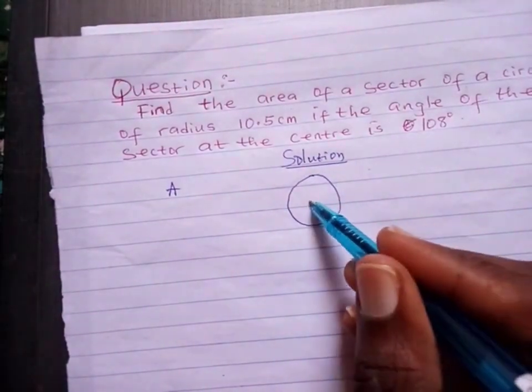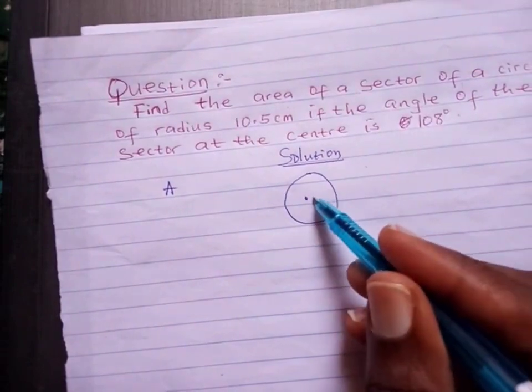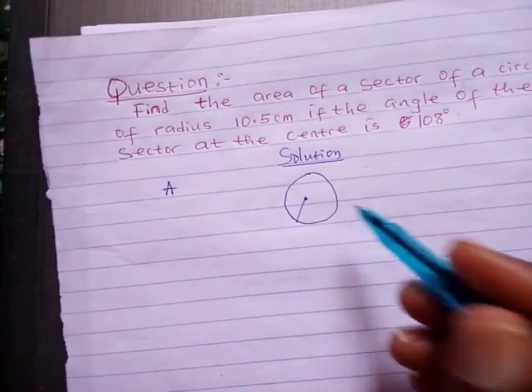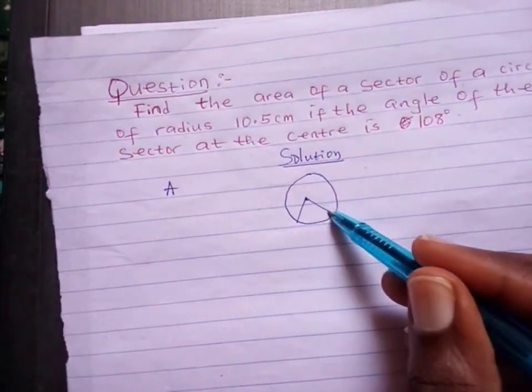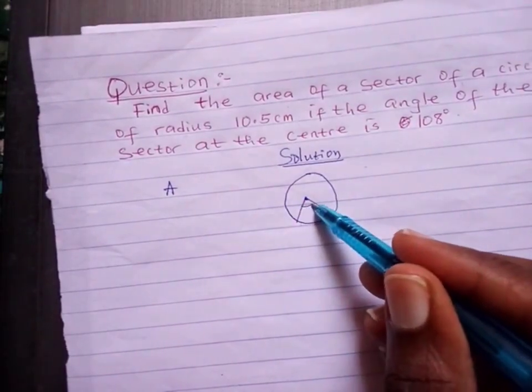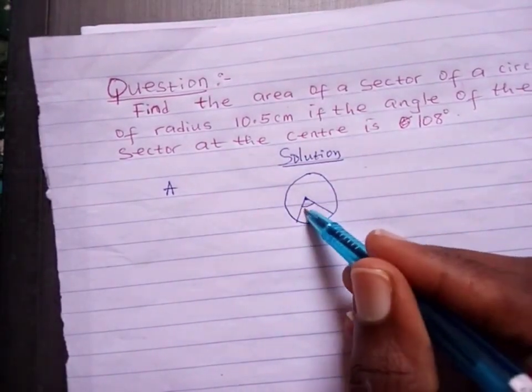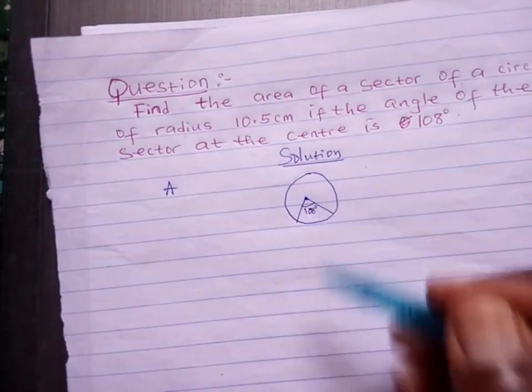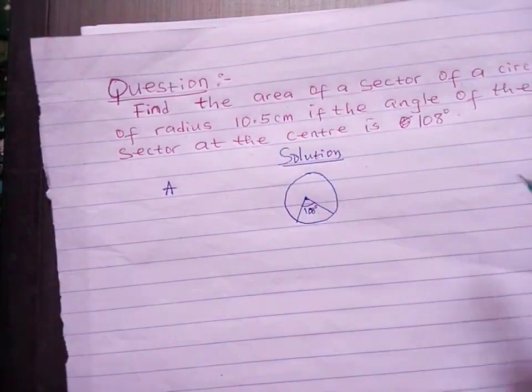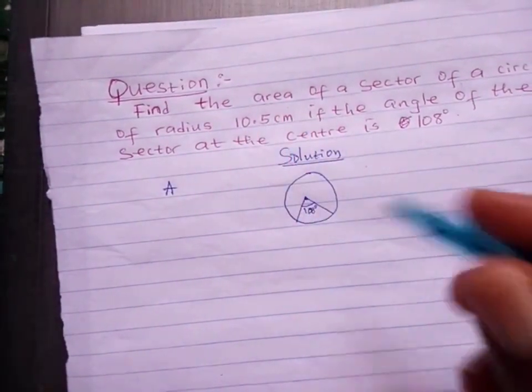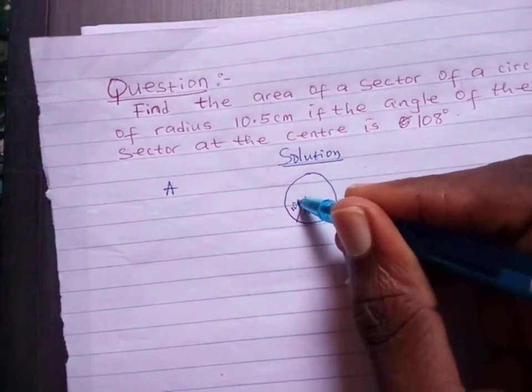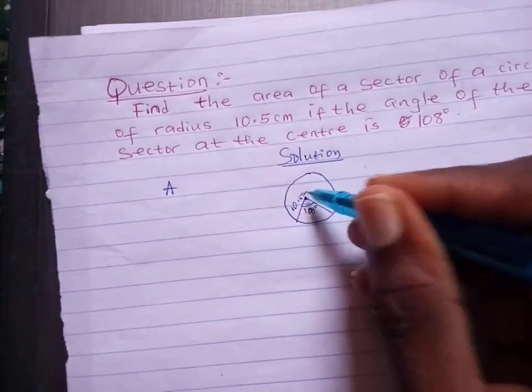All right, so let's take here to be the center. And the angle subtended at the center is 108 degrees. And the radius of this circle is 10.5, meaning that here is 10.5 centimeter.